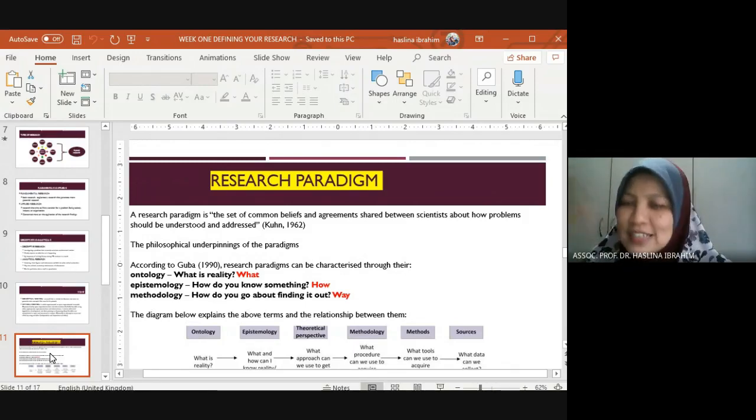We have discussed this earlier. What is your research about? The ontology, the nature, al-mahiyah. So you need to really know the meaning of your research. And bear in mind, the meaning of your research is actually beyond what is written in the text.